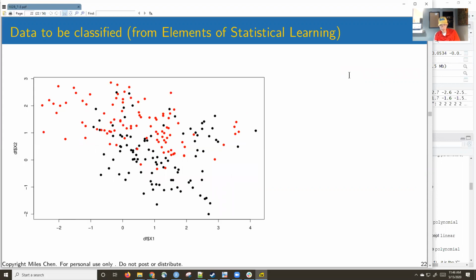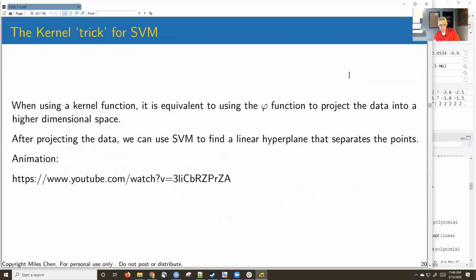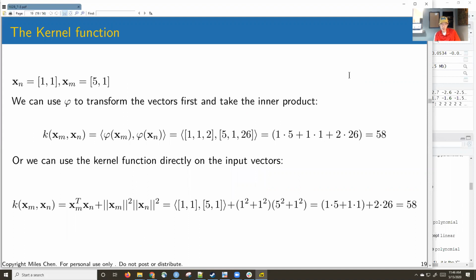And it's equivalent to applying some kind of transformation function that works. But again, we don't actually have to transform the functions. We can just apply the kernel function directly to the vectors themselves.